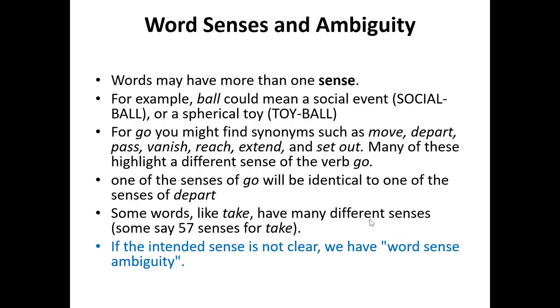Same thing, there are various words which have various senses. Like the word take has actually 57 senses. So if the sense of the particular word which is being used is not clear, we say that it has a word sense ambiguity.